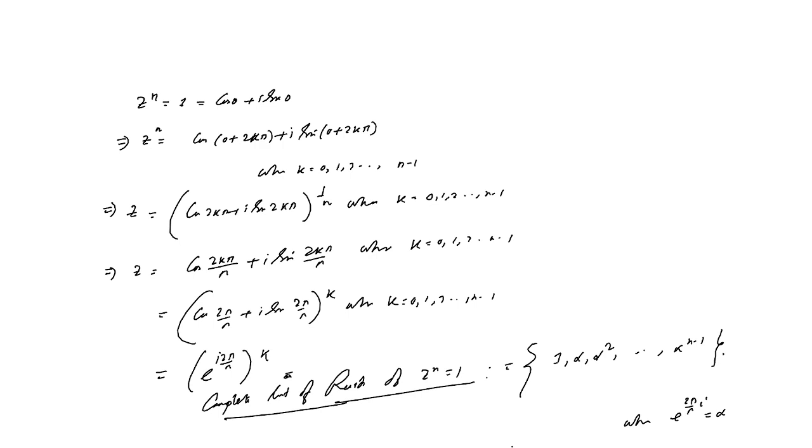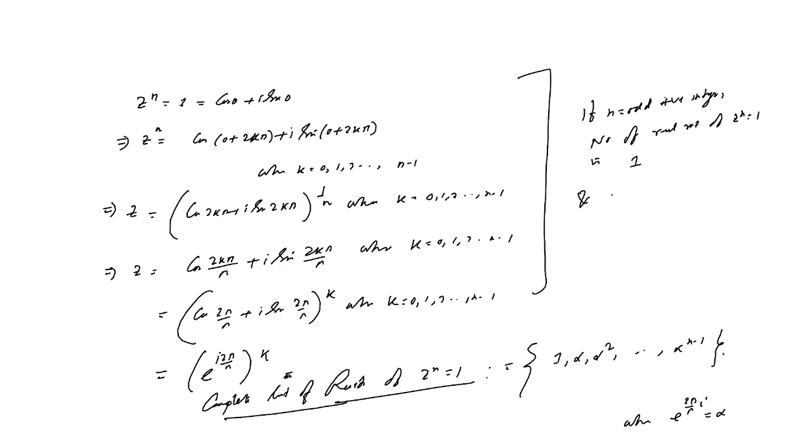Here the main thing is, if n is an odd positive integer, the number of real roots of z to the power n equals 1 is 1. If n is an even positive integer, the number of real roots of z to the power n equals 1 is 2, and they are plus and minus 1.